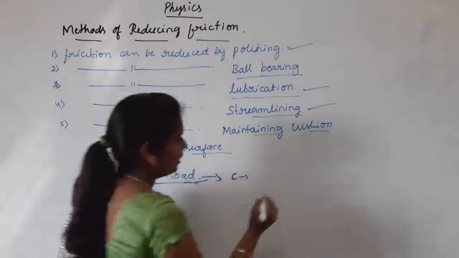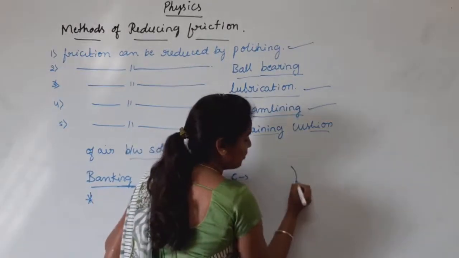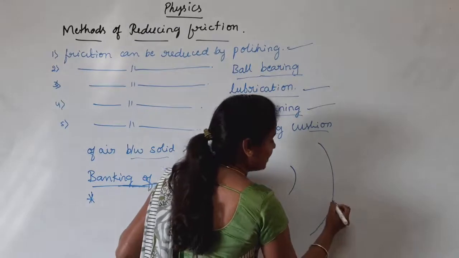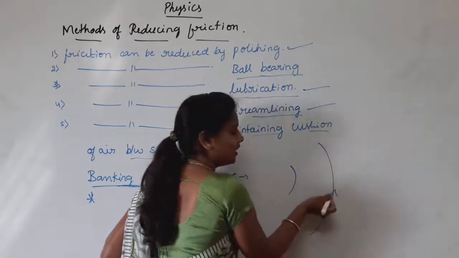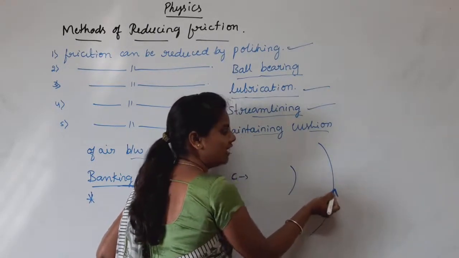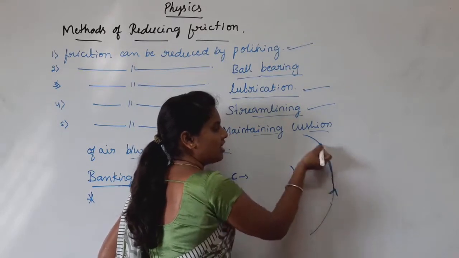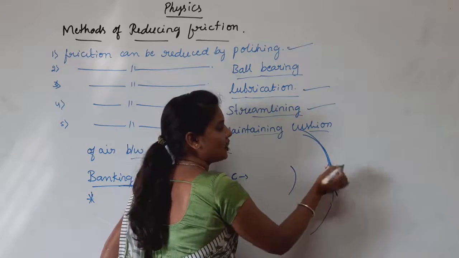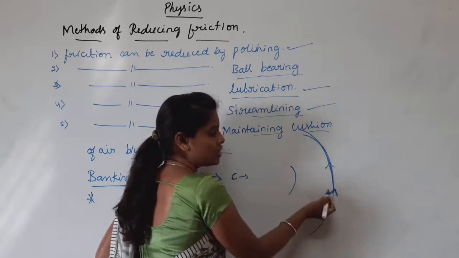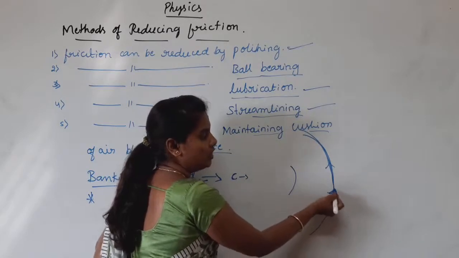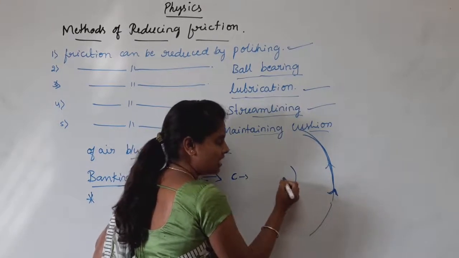For example, this is a curved path, and a cyclist is moving in this direction. When he travels in a circular path, he tends to move inward, towards the center.